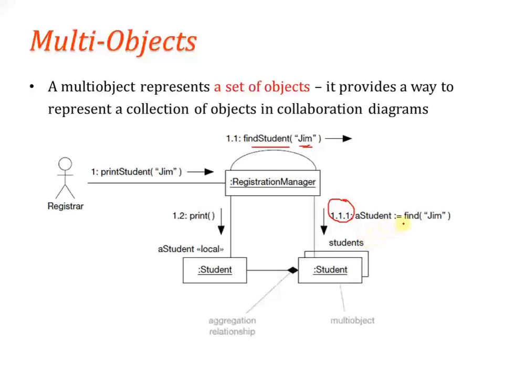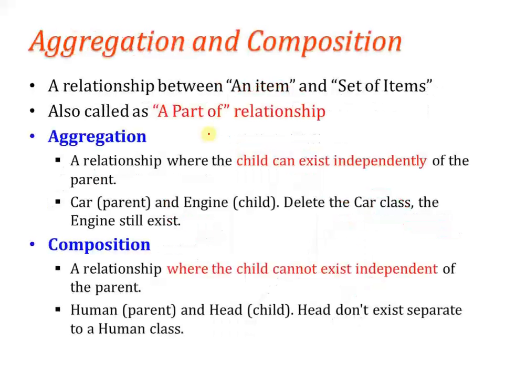The meaning of this message is finding the student, which is called Jim, from the set, that is from an array of students, and returning a particular student, that is, Jim's record will be identified and then it is returned over here. After identification, the control goes back to the registration manager, because it is executing like a loop. And the 1.2 message is called, which is going to print the particular student's details. So this is called a set of array, that is, an array of objects.